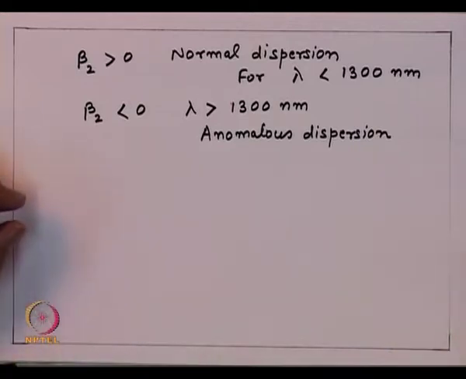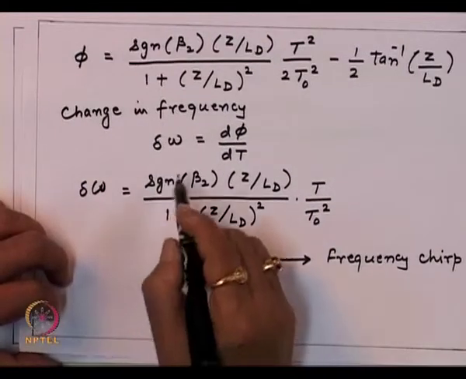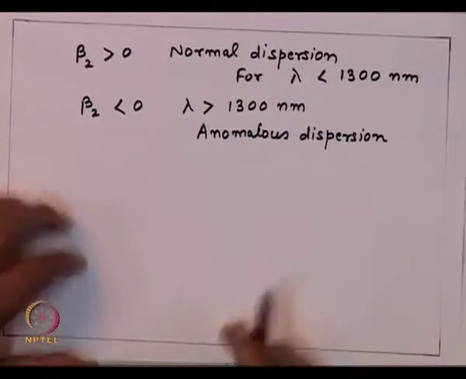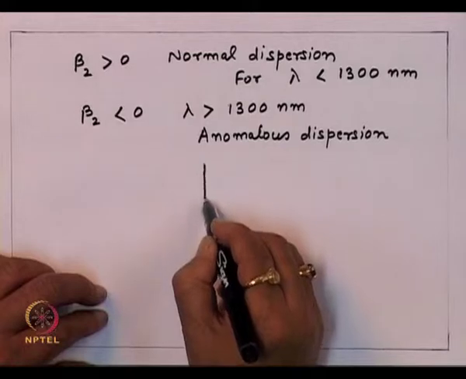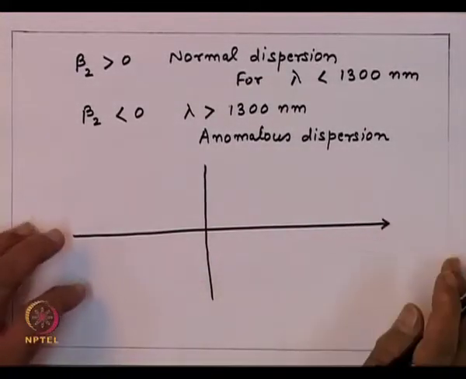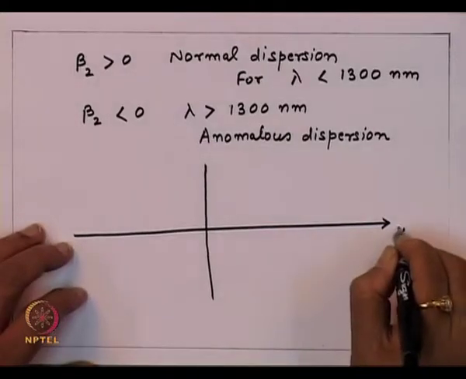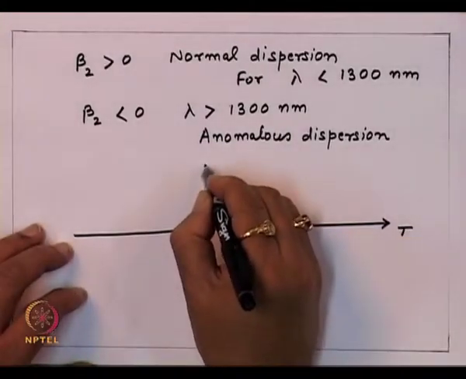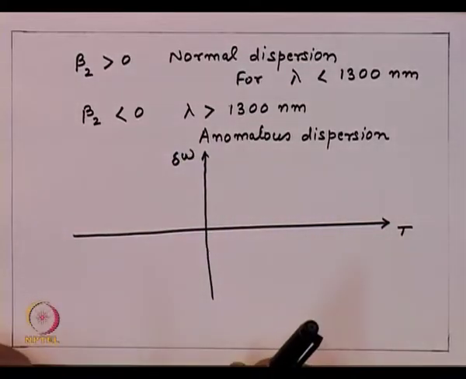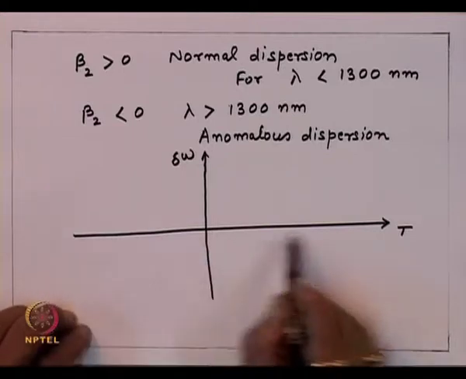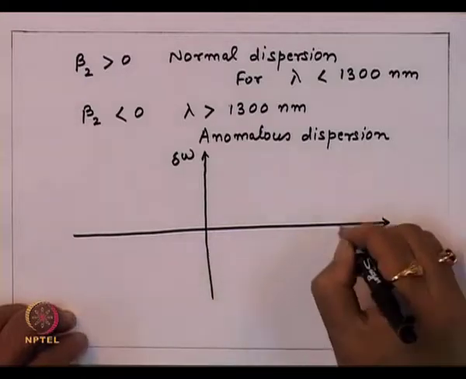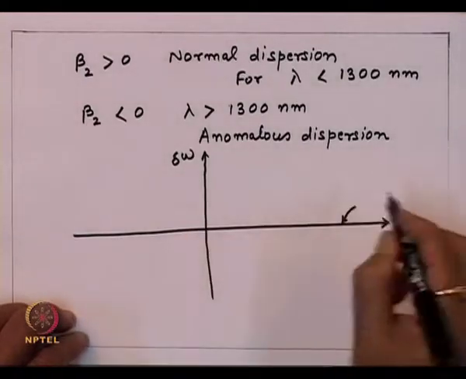So, now if I take this change in frequency function and plot that as a function of time, so this is time, and this is the change in frequency delta omega. At z equal to 0, there is no change in frequency; the frequency is the same everywhere as a function of time, so the change in frequency is 0.